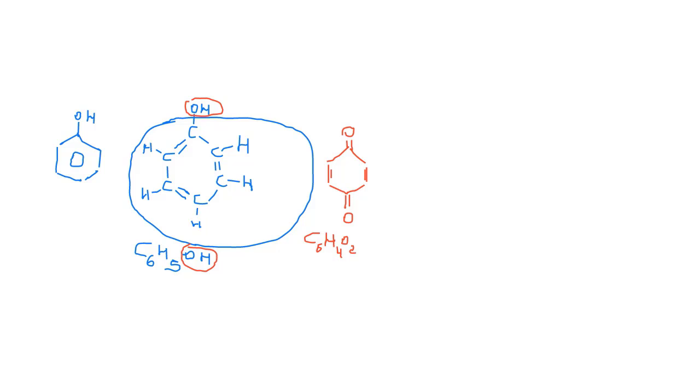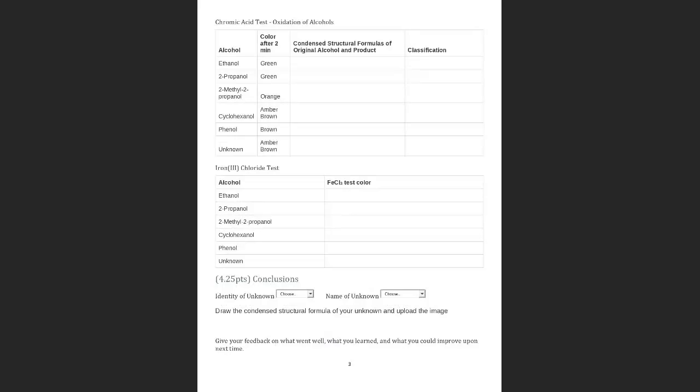Very good. Let's go back to our page. So now we know how to complete the condensed formula and the classification. Ethanol is a primary alcohol and the product is an aldehyde.